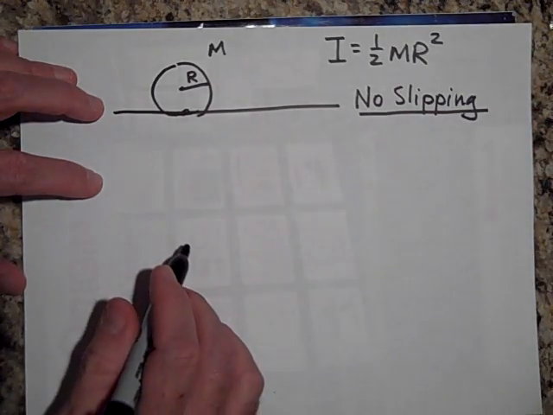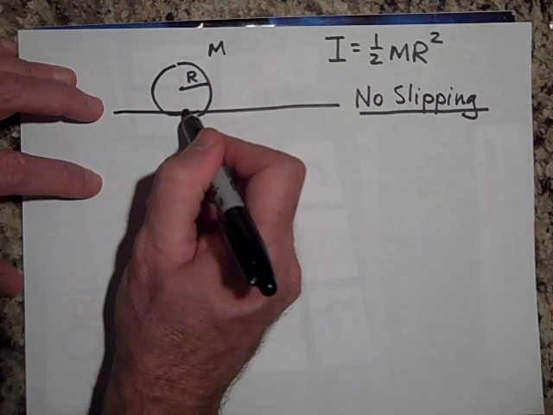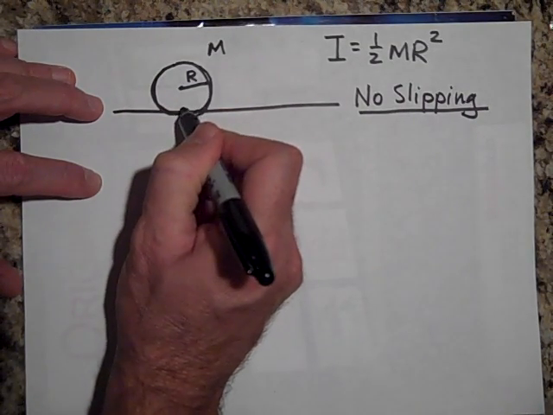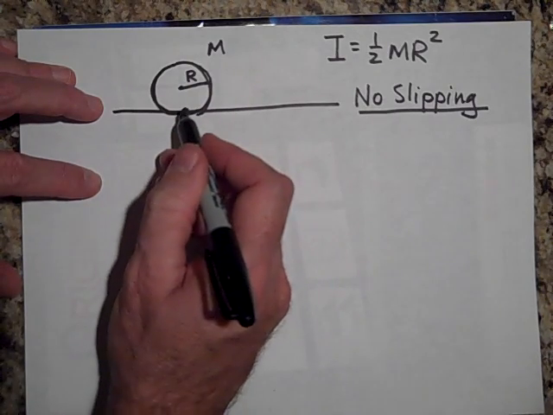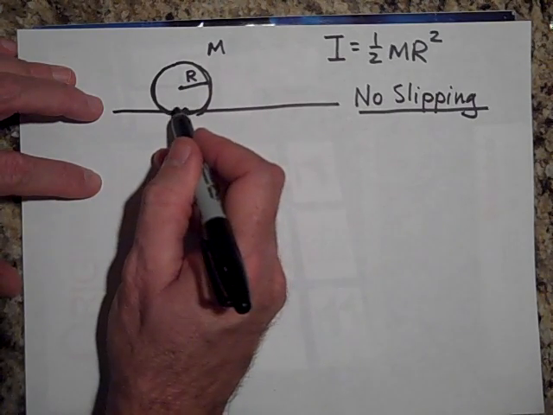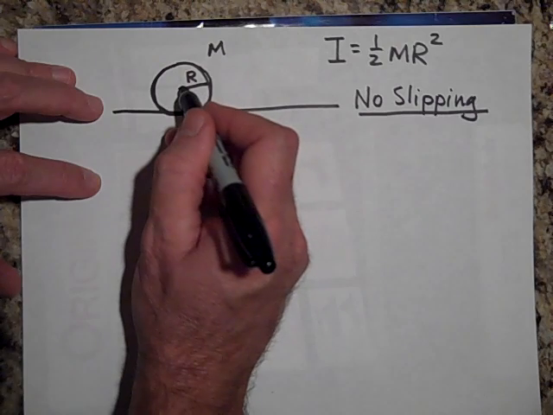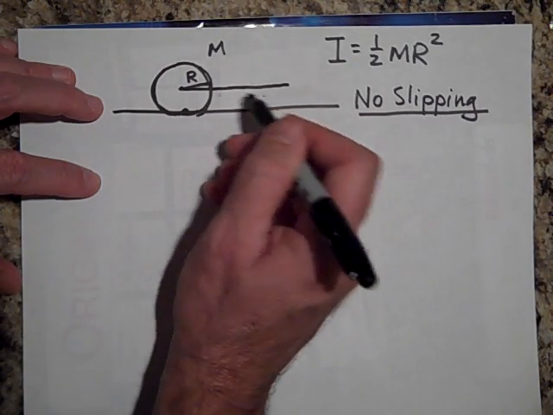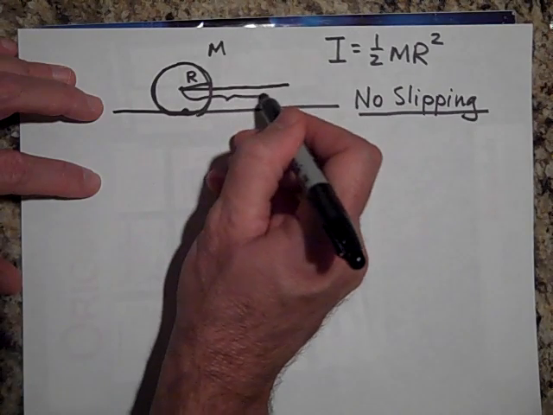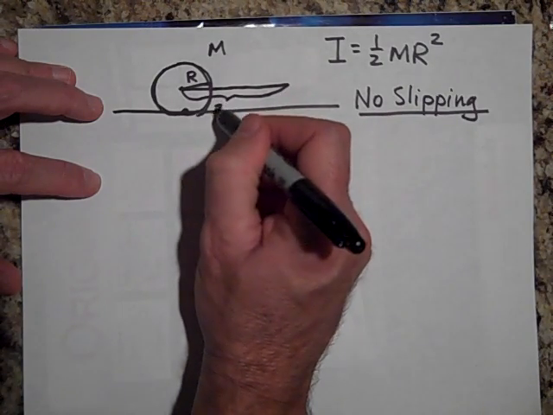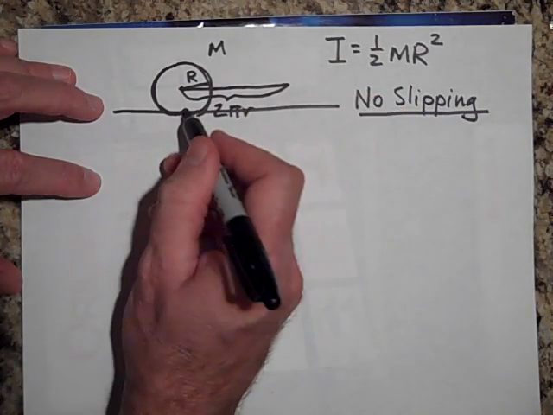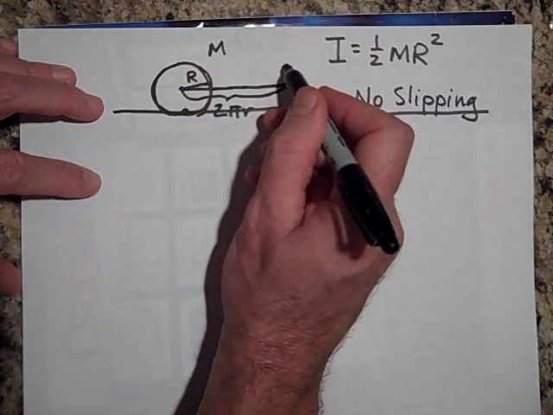If we assume no slipping, then by the time the point on the wheel has gone one full rotation, the center of mass has gone 2 pi r this way. So this will be 2 pi r when this is back to facing the road again.